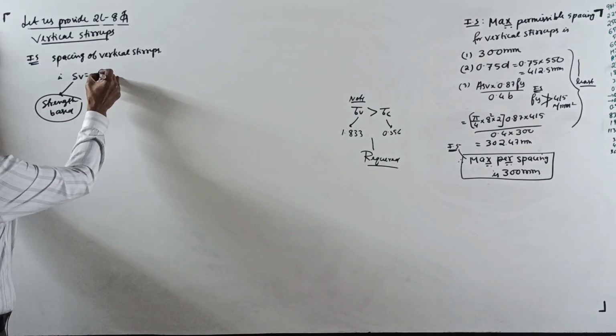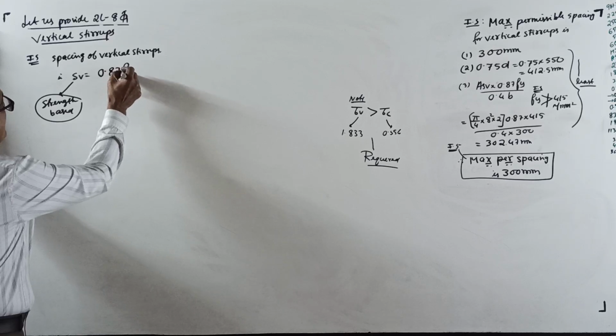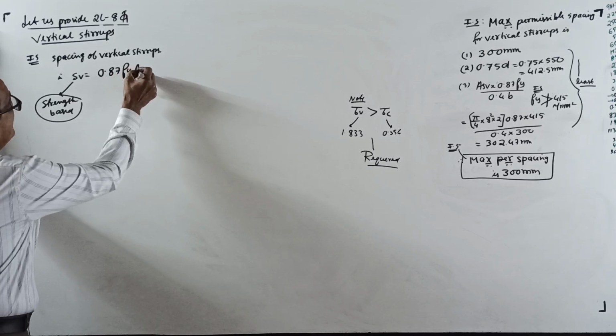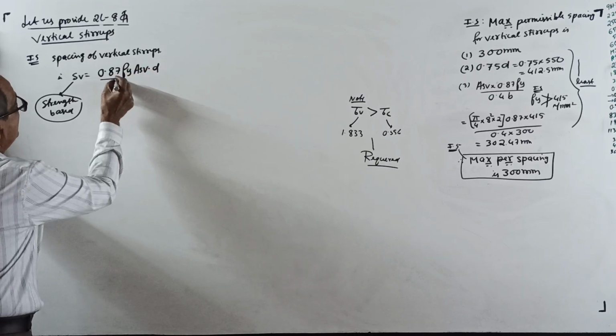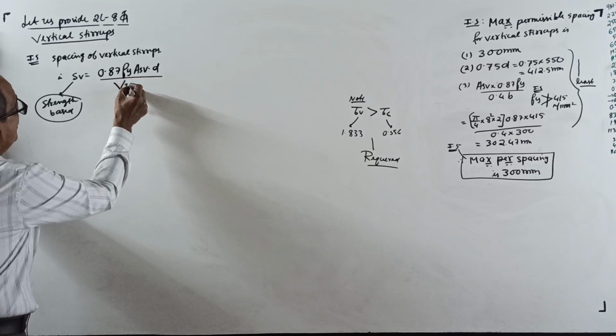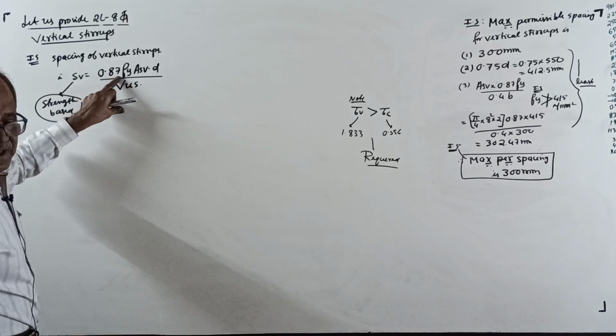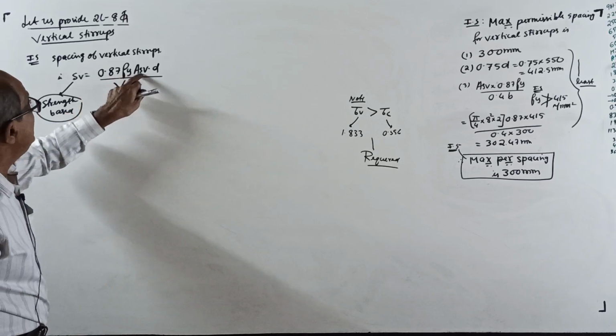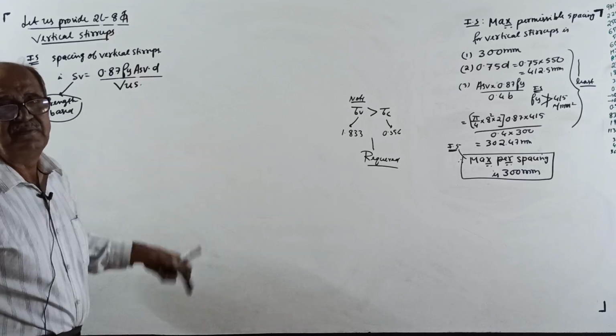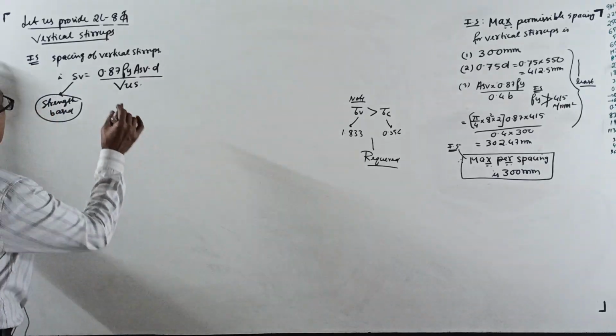SV equal to 0.87 Fy into ASV into d divided by VUS. See, working stress method: sigma SV into ASV into d divided by VS. That all I told. Start one by one.